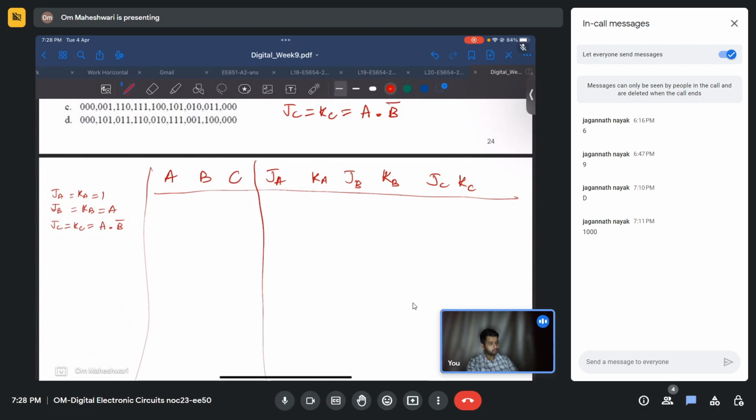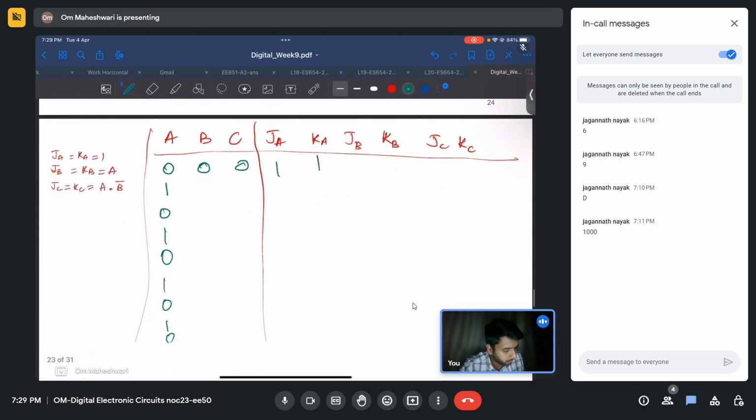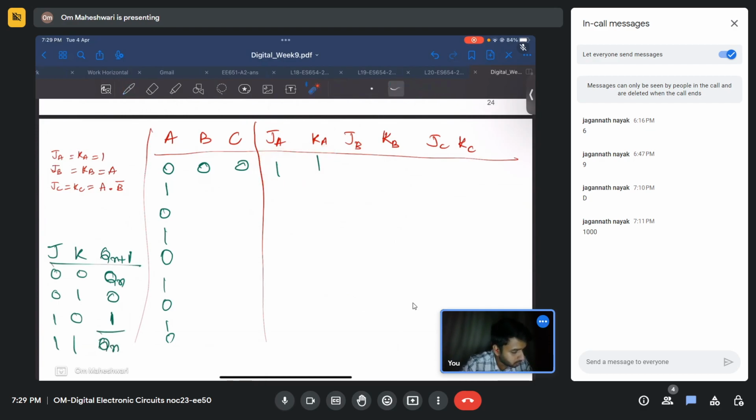So as always, we start with 0, 0, 0. These are 1. So that means A will keep on flipping: 1, 0, 1, 0, 1, 0, 1, 0. If you remember the JK Q(n+1) table, 0 0 is Qn, 0 1 is 0, 1 0 is 1, 1 1 is Qn bar. Here we have 1 1, that is Qn bar. That means it keeps on flipping. It is always 1 1.